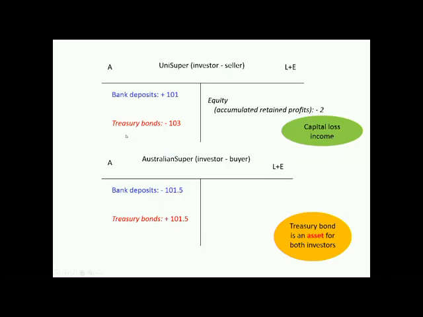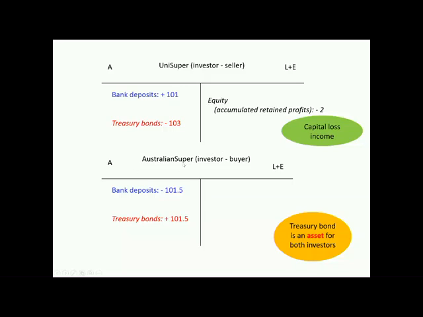Going over to the balance sheet. So UniSuper had the bond here. They paid for it in the past 103. So they had it in the book by accounting terms, market value 103. They sell it, so the $103 bond is gone. They give it away to Australian Super.